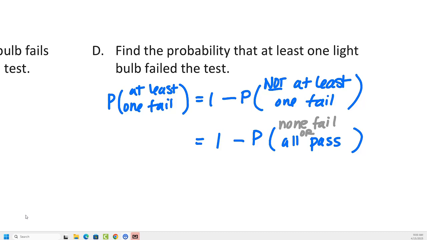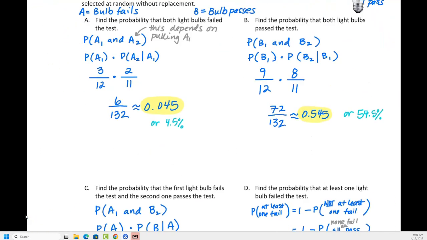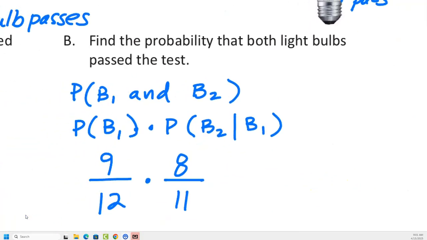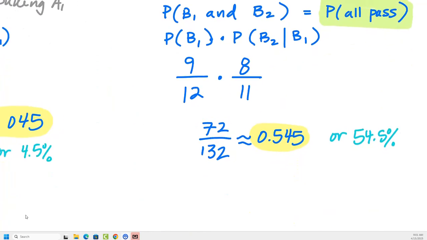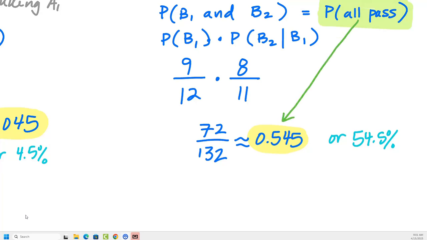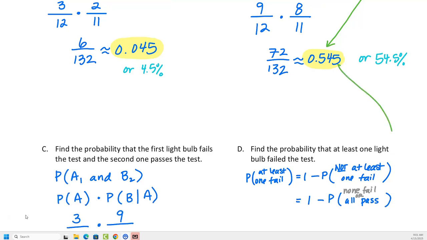Wait, didn't we find the probability that all pass? Wasn't this one up here, part B? Isn't this the probability that all pass? So I'm going to highlight that in green, and then I'm going to bring the 0.545 and stick that in that location, because it's the probability that all pass.